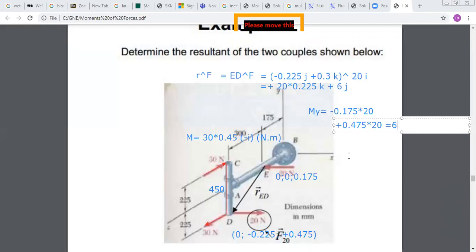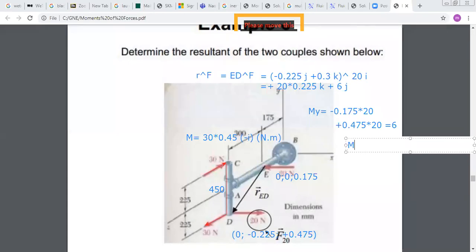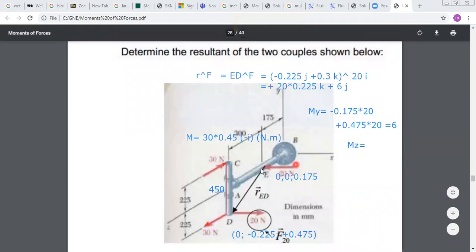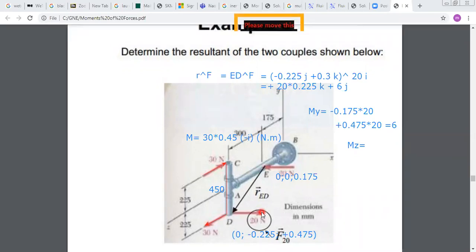If you want to find the moment about Z of the couple, we also add the moment of the two forces. As we said, for the first one, there is no moment about Z. For the second one, which distance should you take? 0.225. Yes, 0.225. And if you do the right-hand rule, is the direction positive or negative?